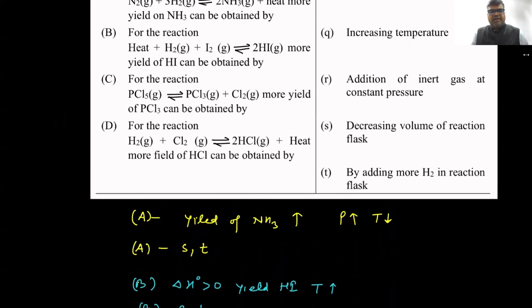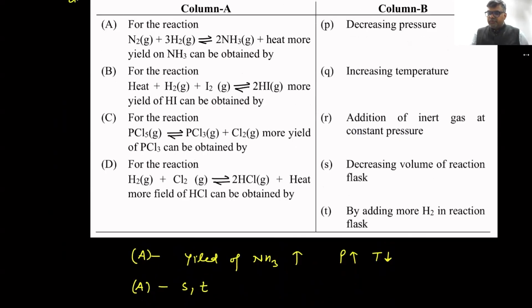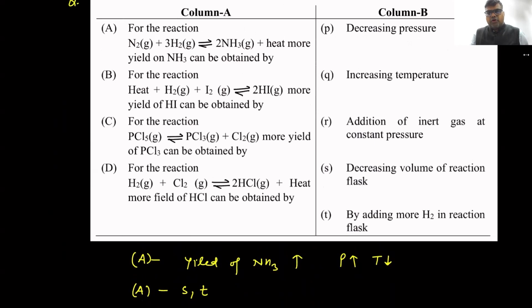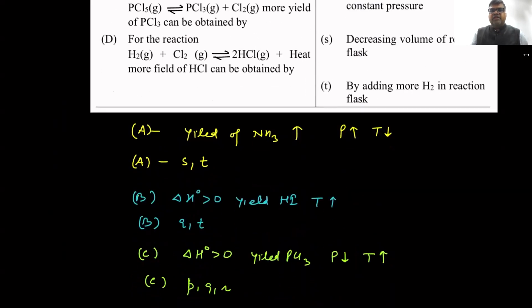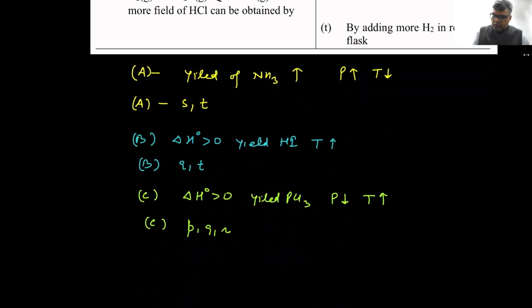You can see heat is given on the right-hand side. So an increase of temperature will shift it in the backward direction. Decrease of pressure will not have any effect. Inert gas will not have any effect. Decrease of volume will not have any effect. Hydrogen will increase the forward shift. So for option D, it is only T. Option D is only T. This is the answer. Just a basic application of Le Chatelier's principle. Routine question, all of you would easily solve.